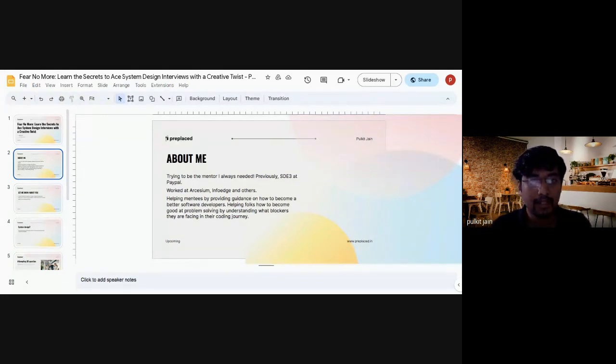Along with that, I have always felt that I needed a mentor when I started my journey, because it is very difficult to begin your career with absolutely no idea of what to do next, because there are a lot of options around. You may think of becoming a data engineer or a machine learning engineer, or be in front end or back end or whatnot. It becomes confusing what to choose.